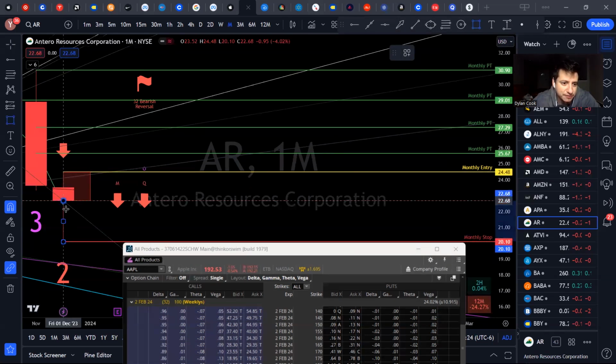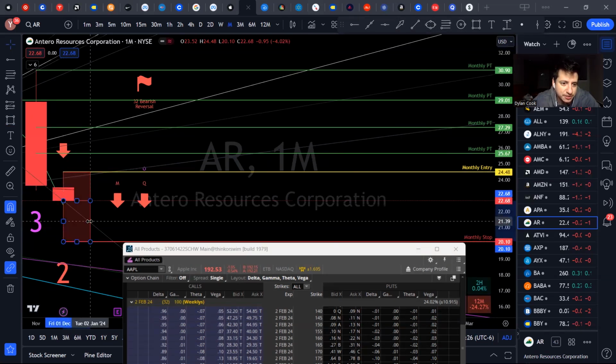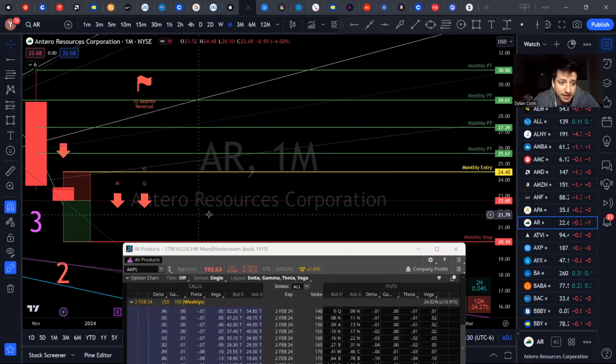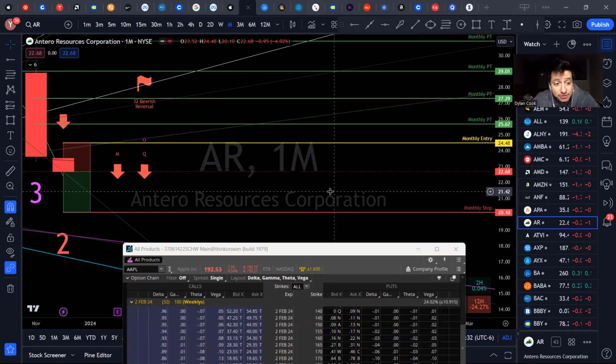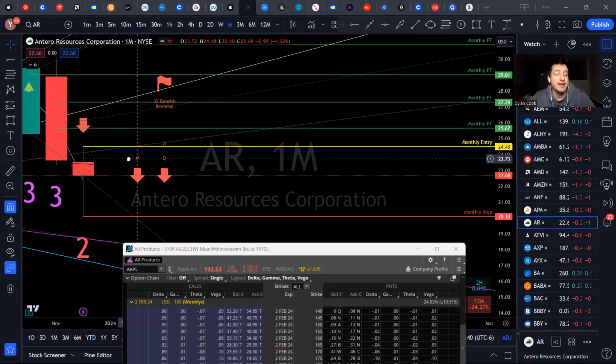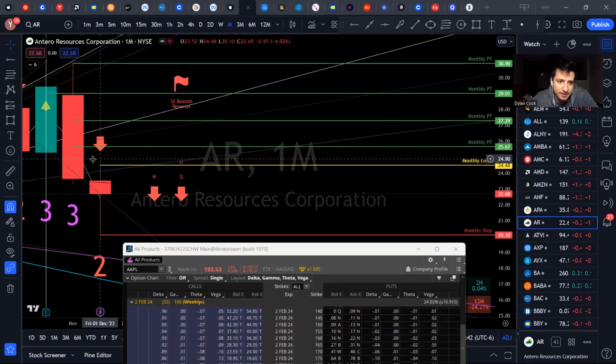And if the buyers took it from the low to the close, then they have this much. And who can we tell has more control of this candle? The buyers. Right. So, with that being said, entry, final PT.